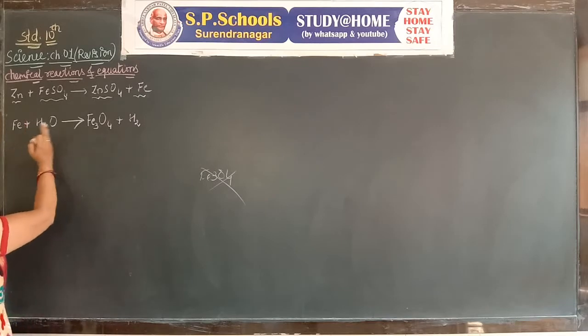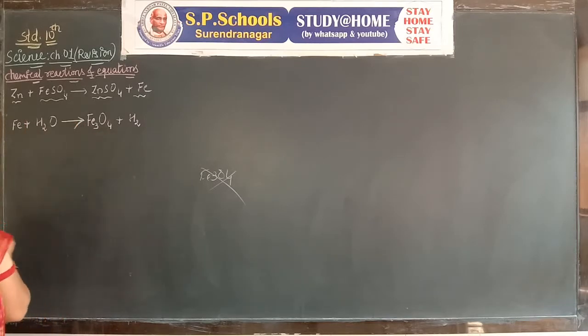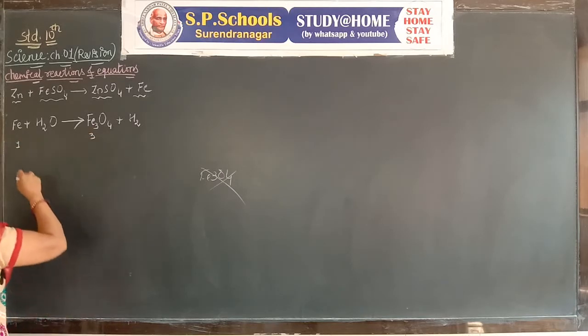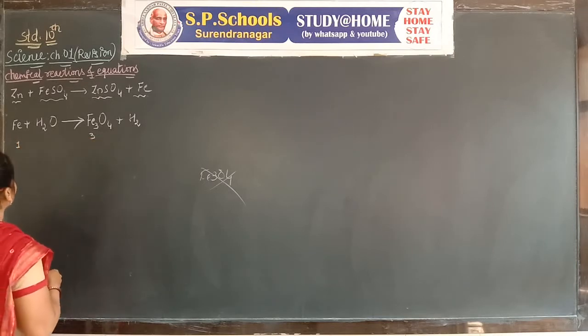Between substances and products we put a simple arrow. So here we can count: Fe will be 1 in the substance, Fe will be 3 in the product.